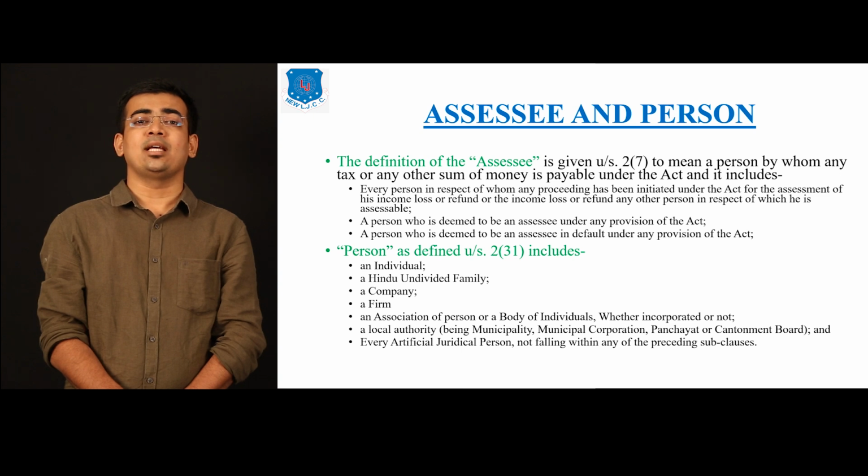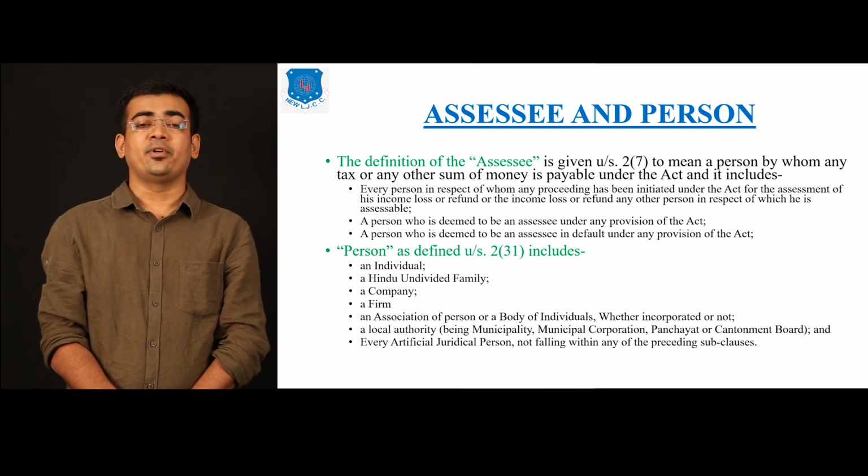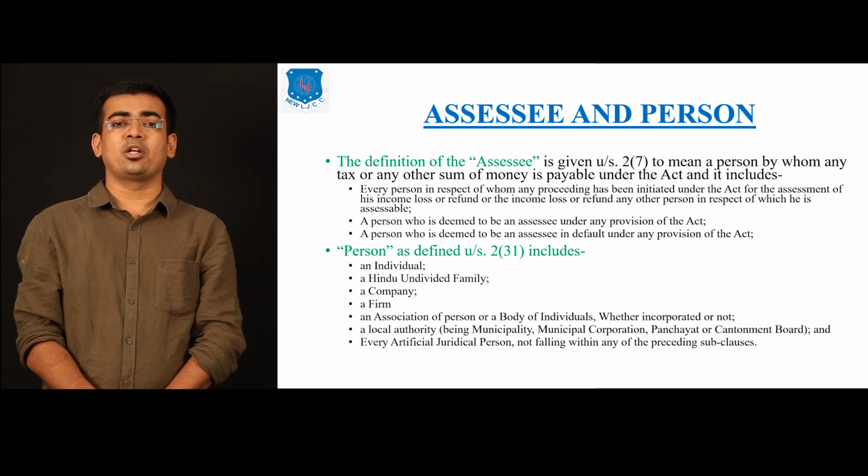The definition of the assessee is given under Section 2, subsection 7 to mean a person by whom any tax or any other sum of money is payable under the Act, and it includes every person in respect of whom any proceedings have been initiated under the Act for the assessment of his income, loss or refund, or the income, loss or refund of any other person in respect of which he is assessable.